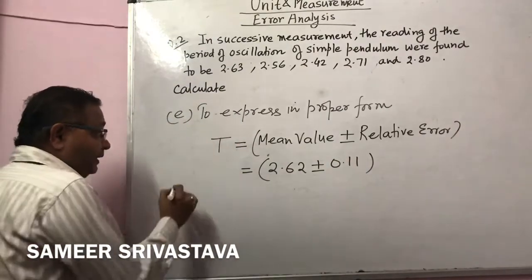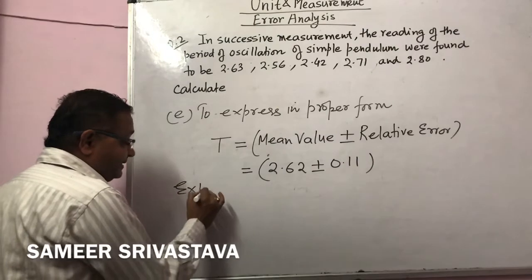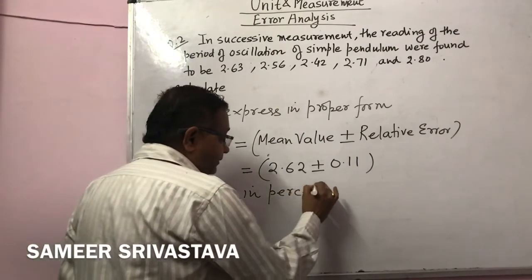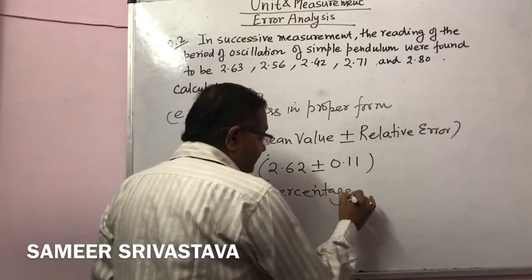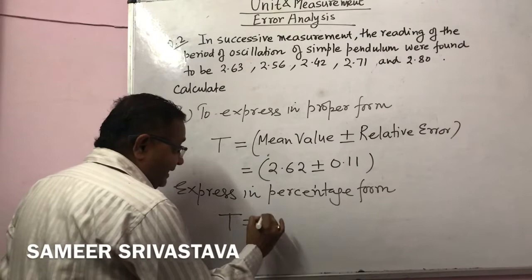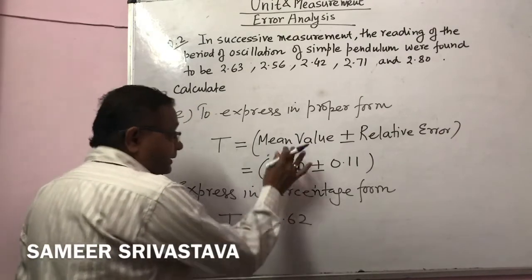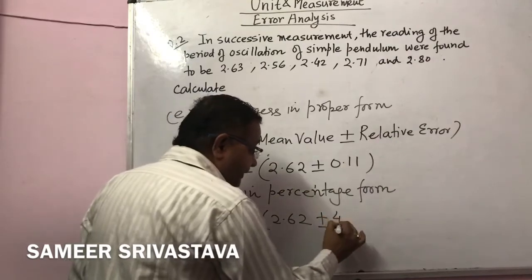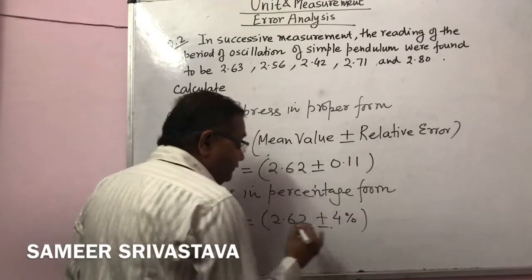If you want to express in percentage form, you can write 2.62, the mean value, plus minus the percentage relative error. How much do you get as the percentage relative error? That is 4%.